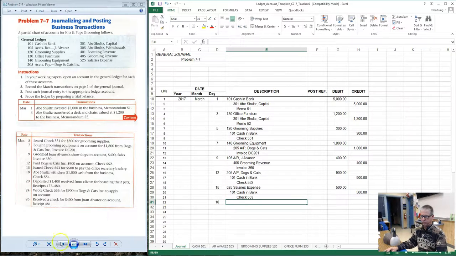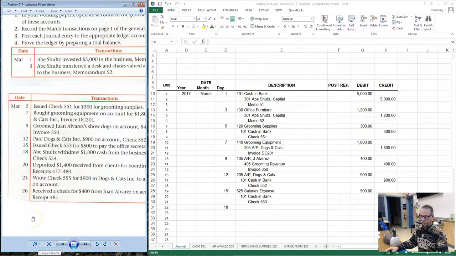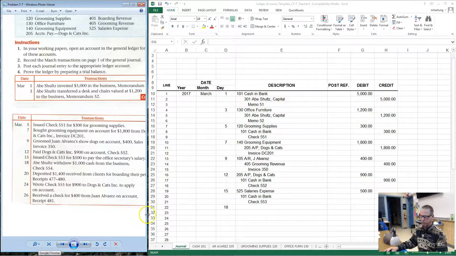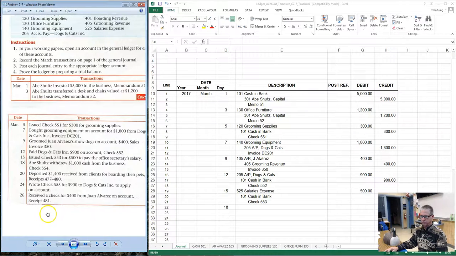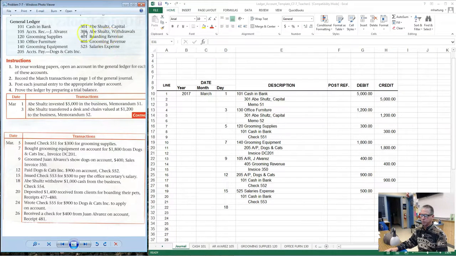18th. I'm going to zoom in just a little bit on these. 18th. Withdraw $1,000 cash. Withdrawals increase with debits. And we are withdrawing cash.